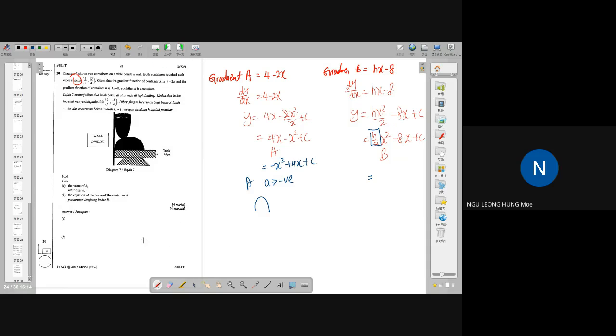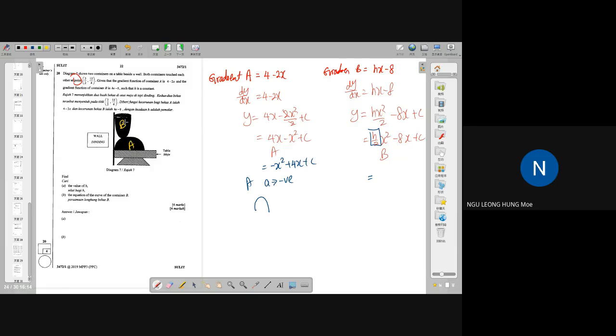So this is only the beginning, just the introduction. So this one is A, this one is B. Given that the gradients touch at the point and h is a constant, find the value of h.